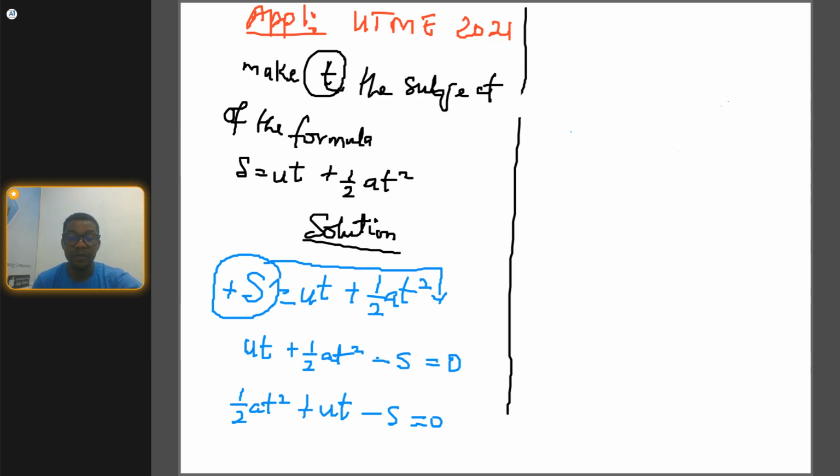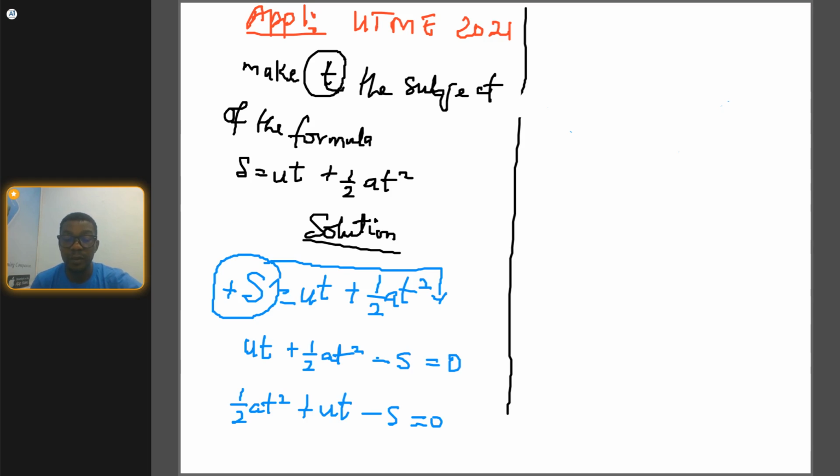Okay? Now, if this is a quadratic expression, in mathematics we have three ways to solve a quadratic expression: either by factorization method, or by completing the square method, or by graphical method. Yes, we also have the formula method.